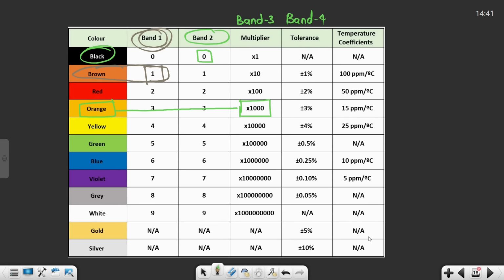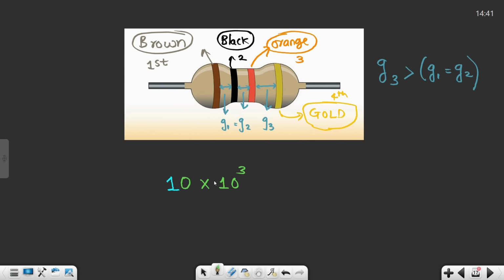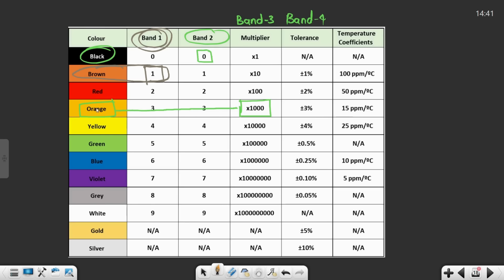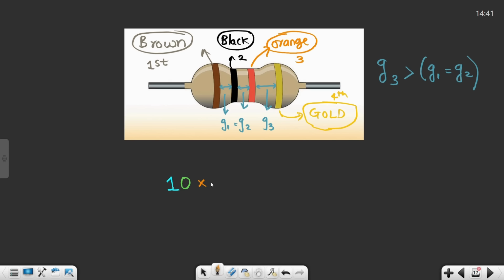If you are not comfortable right now, you can show it this way: the orange color means multiplication sign at band 3, then 1 and then 3 zeros. That means this is 1000, which I can represent as 10 raised to 3. This is what I did earlier. I hope this part is crystal clear.